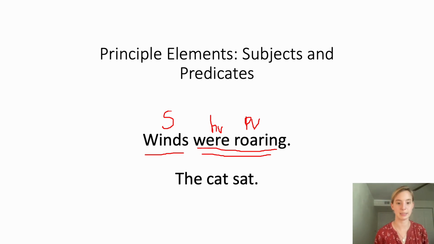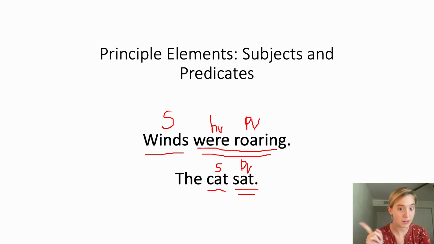The second sentence, the cat sat. Cat is my subject. I underline it once and I write an S above it. What did the cat do? The cat sat. So I double underline and I write PV, predicate verb. Now the only difference here is that the is not the subject, nor is it a verb, but is actually describing my subject.